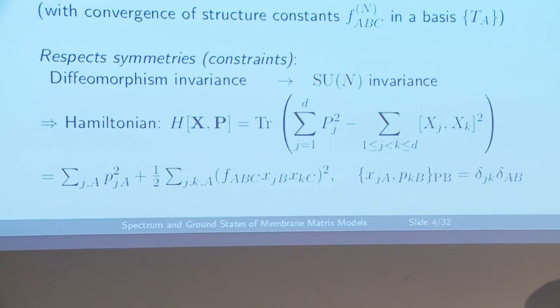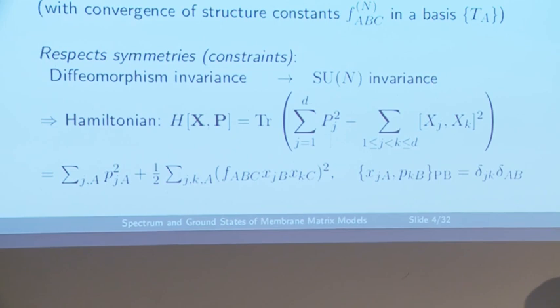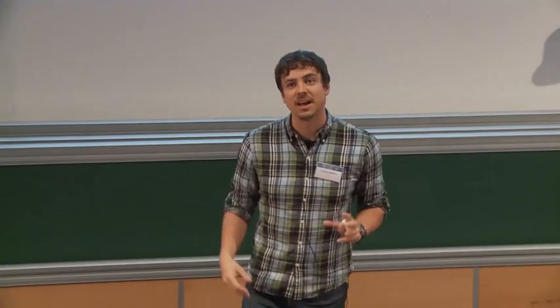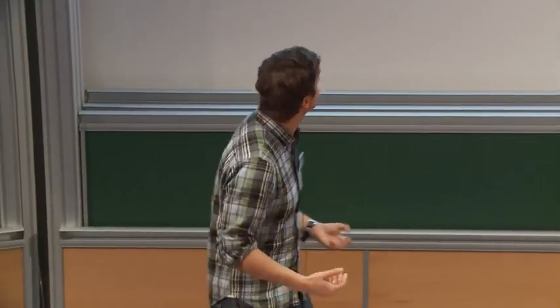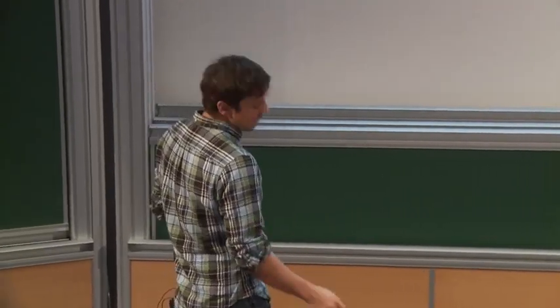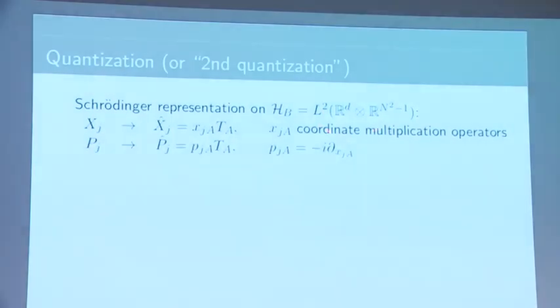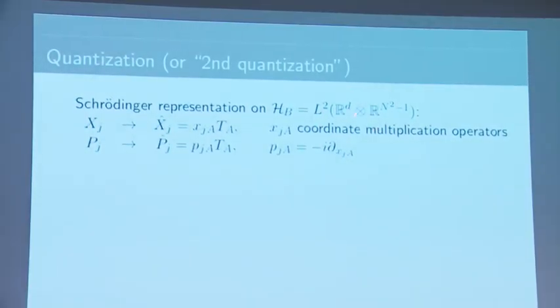So that's the whole idea here, that since we have a finite dimensional system, we can then quantize this in the standard way using the Schrödinger quantization. So we represent this set of coordinates and momenta on square integrable functions over the corresponding dimension. So we had the d space dimensions, and then this is the matrix dimension, or the number of elements of a basis of this space.